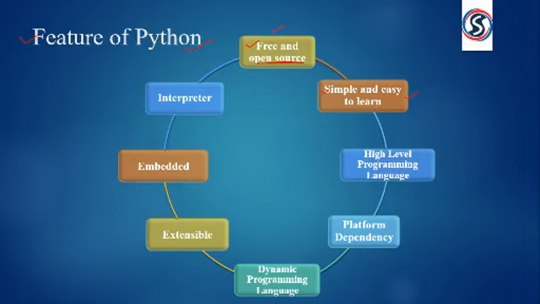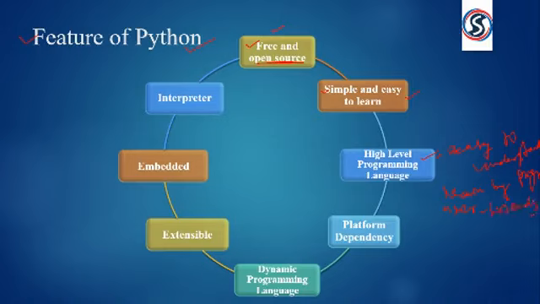The next feature is high level programming language. What is the meaning of high level programming language? It means the language is easy to understand, easy to learn, and user friendly.